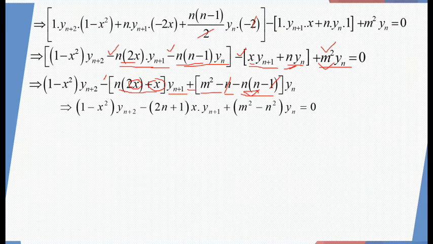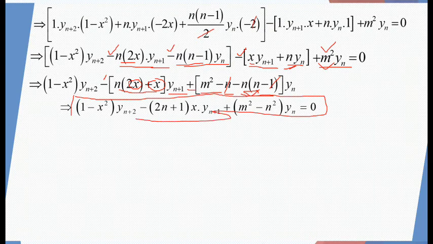So 1 minus x square y(n+2) as it is. From here 2n plus 1 inside and x can be taken outside. So x into y(n+1) plus m square minus n square yn equals to 0. This is the required proof which we have to do.